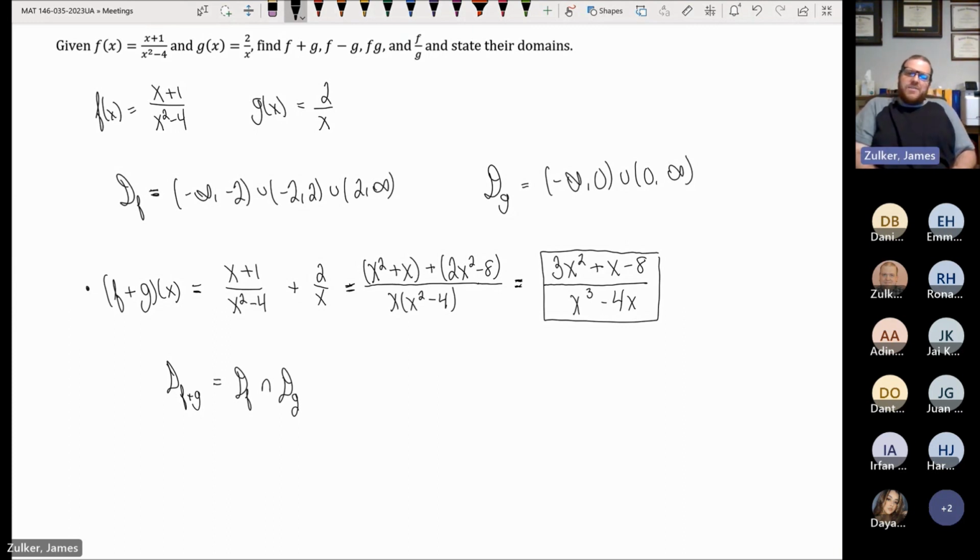Intersection of two sets is the set of everything that they have in common. So if you look at the two domains, what values do those two domains have in common? So what values do they share?